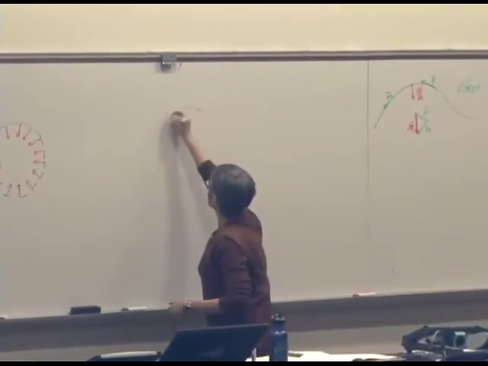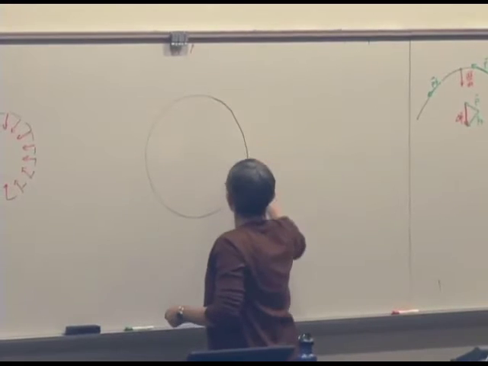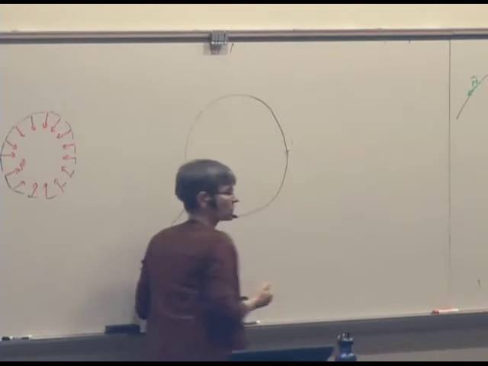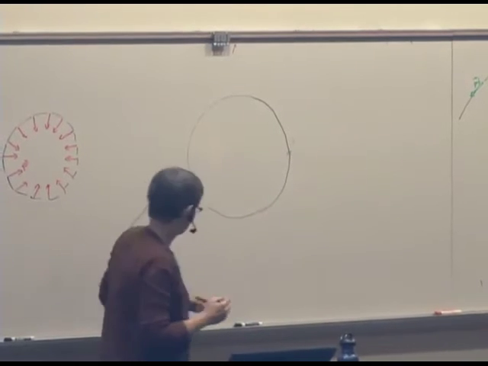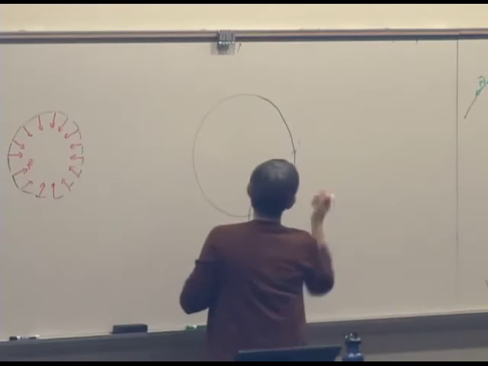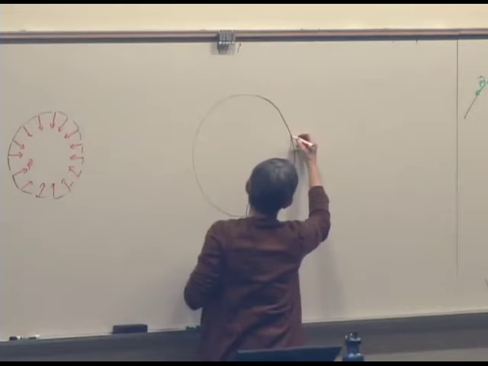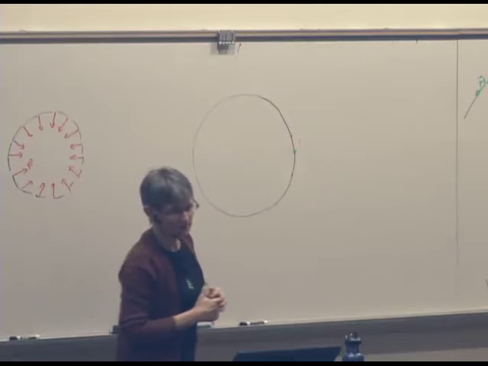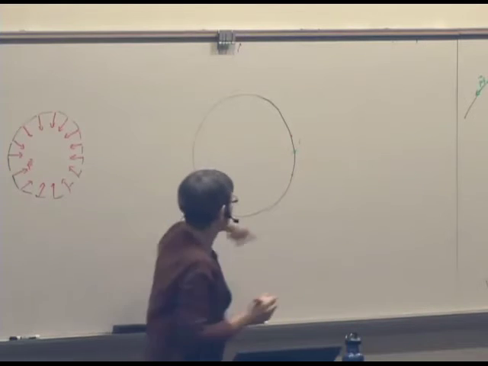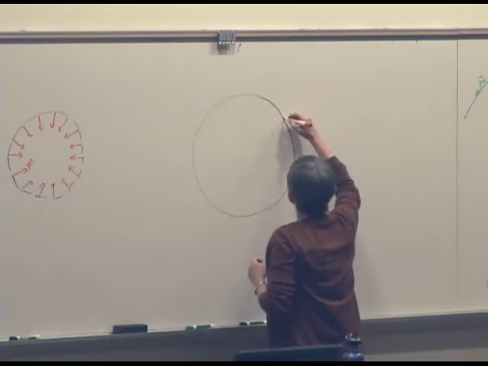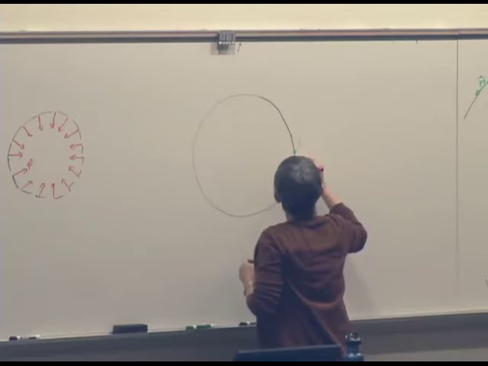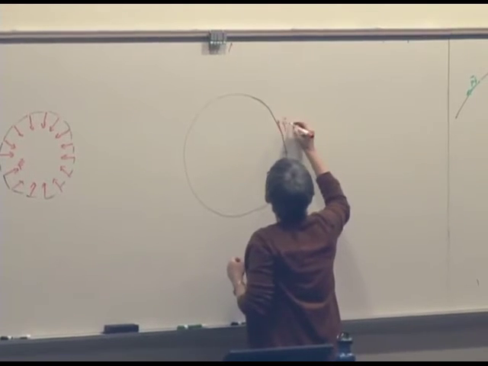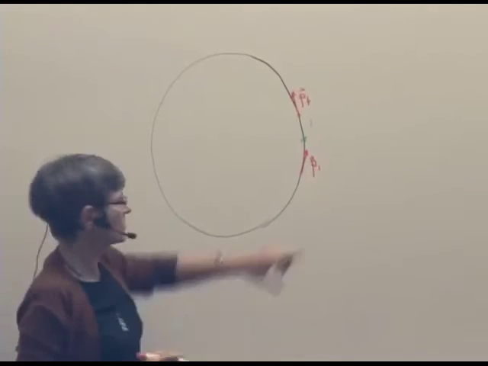So here's our circular orbit. Here's the location of the moon. We have to take two locations on either side, here and there. There's a little arrow saying it's going this way, so we'll draw an initial momentum P initial and a final momentum P final, equal times apart.